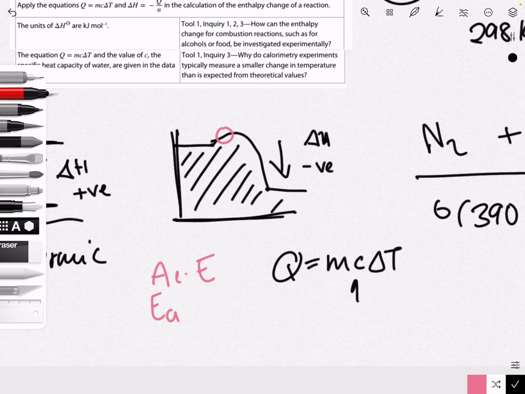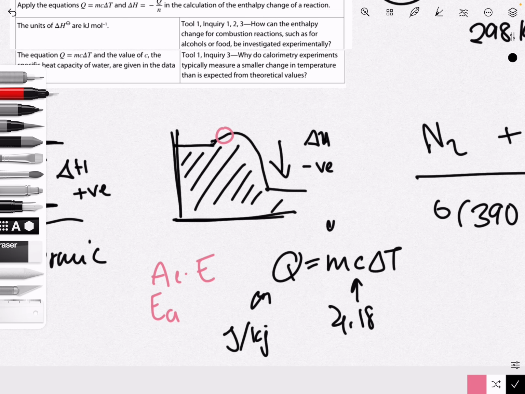Oh, and correction, c is your specific heat capacity, 4.18, and this should be given to you in your data booklet. This is joules per gram per kelvin.